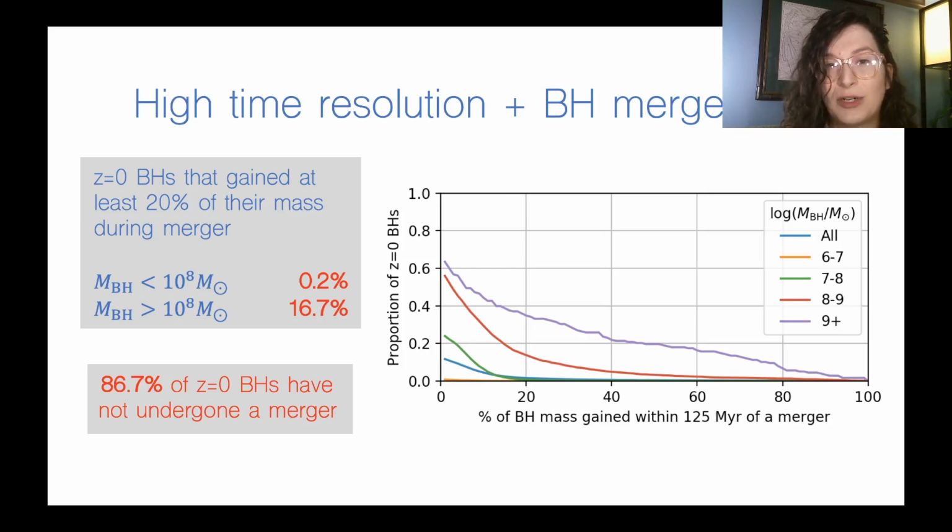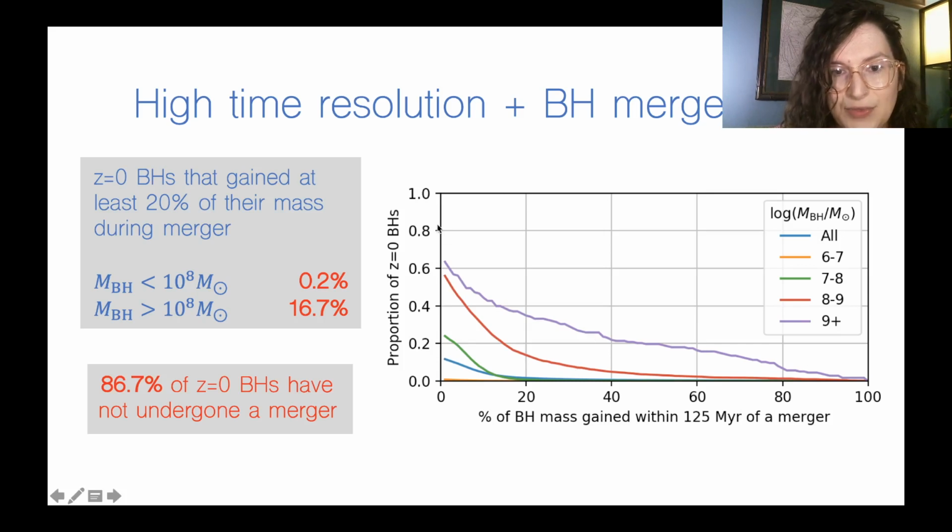And we did that for each merging event and then traced each of those mergers down to the remnant black hole at redshift 0 by constructing a black hole merger tree. That enabled us to look at the amount of mass that is gained during mergers. This is how we answer the question of how important mergers are for black hole mass growth.